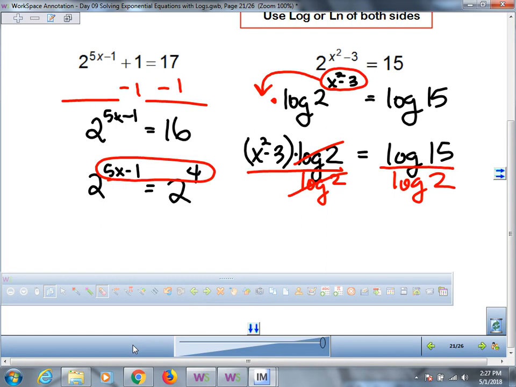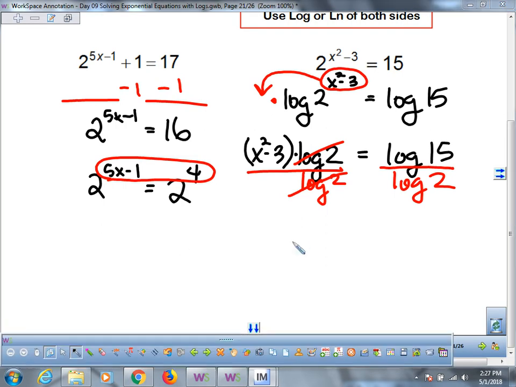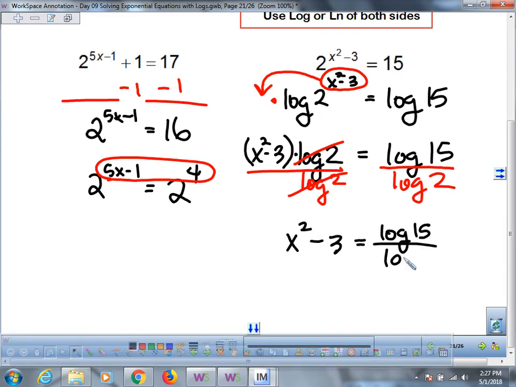So now I have x squared minus 3 equals log 15 over log 2. Now what do you think you would do? You would add 3 to both sides. So now I have x squared equals log 15 over log 2 plus 3. Now what would you do?